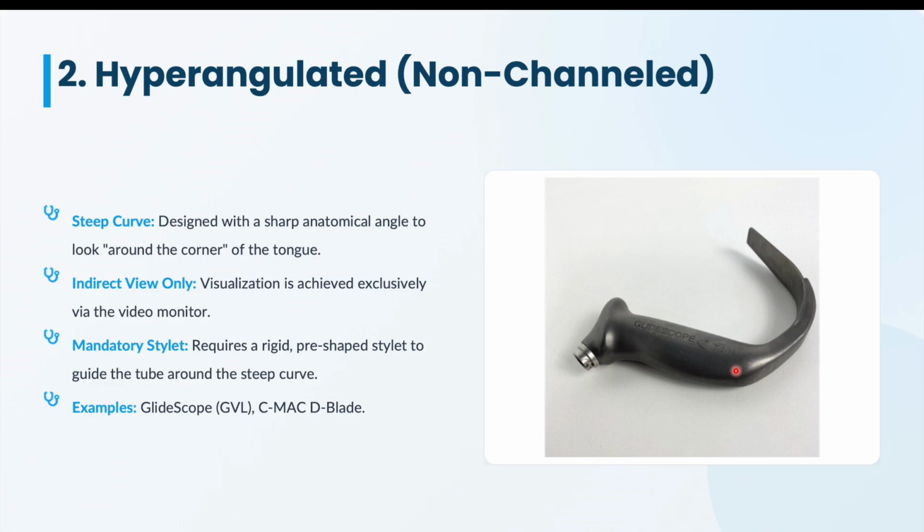What is different is that their blade is very angulated. They provide a good vision of larynx or vocal cords, however only through the camera. You can't see the vocal cords directly with the naked eye.